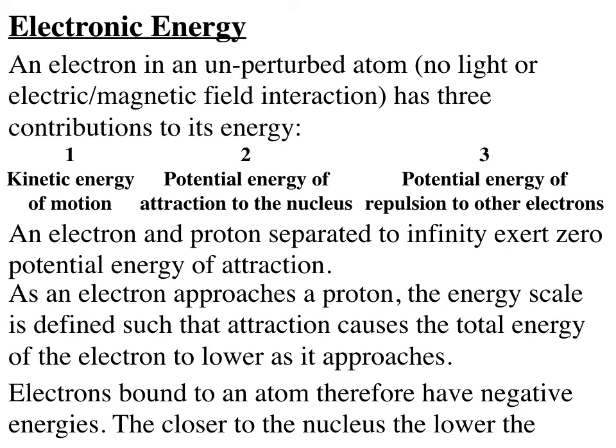When objects are in motion, they have energy, and the form of energy possessed by moving objects is known as kinetic energy. So as electrons zoom around the nucleus, they possess some kinetic energy. Now, electrons also experience another form of energy, which is a stored form of energy, or an energy that is due to their location. That is known as potential energy.